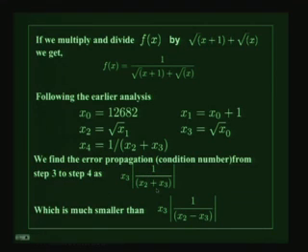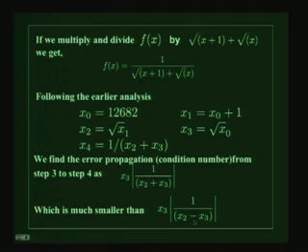Right, which is much smaller than x3 into 1 by x2 minus x3, which is what we got earlier. When x2 and x3 are large and close to each other in value, this number would be very, very small compared to what this number is, which is very large.